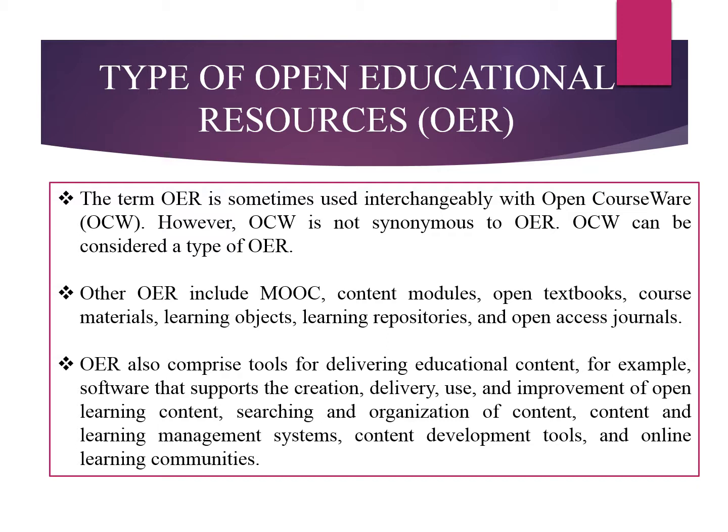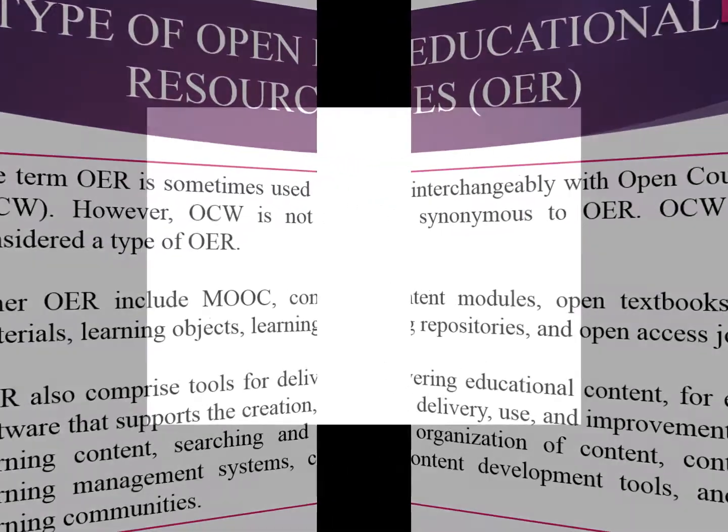OER also comprise tools for delivering educational content, for example, software that supports the creation, delivery, use, and improvement of open learning content, searching and organization of content, content and learning management systems, content development tools, and online learning communities.